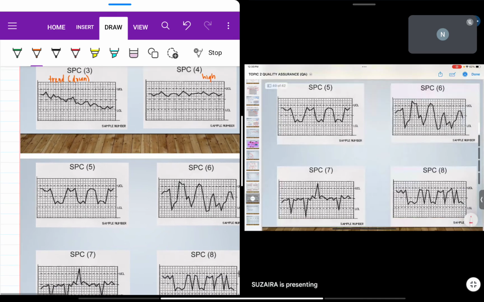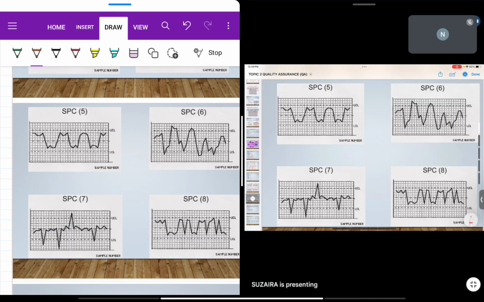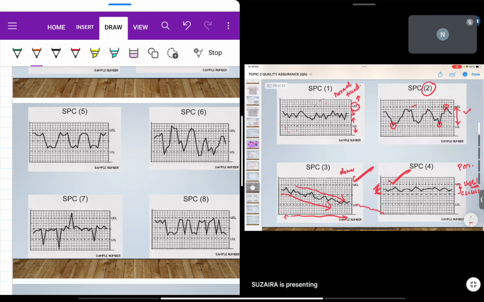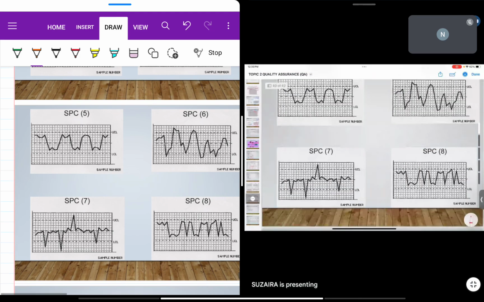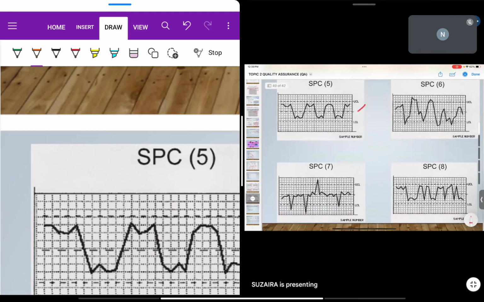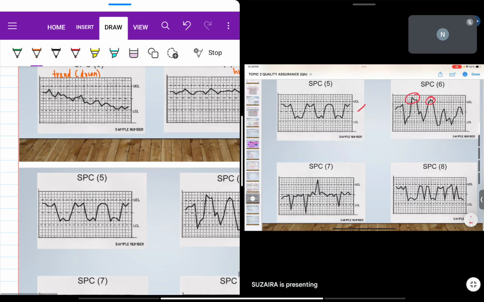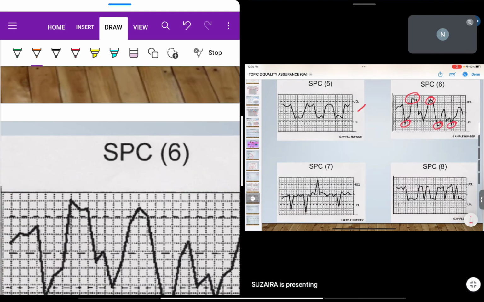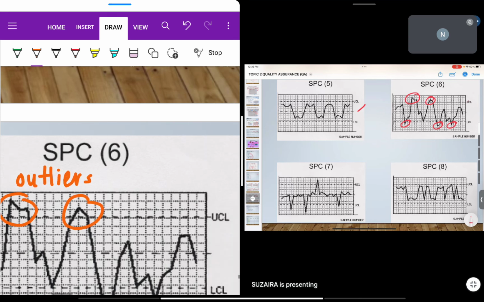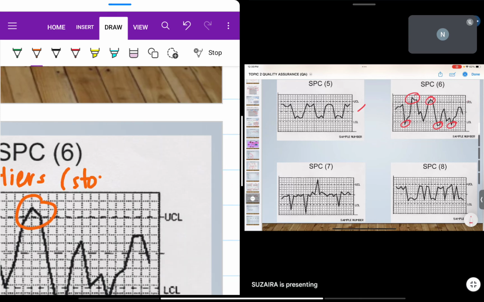And this one, okay, still similar. This is actually similar with this one just now, but this is more to a bit harsh. Okay, and here you produce lots of outliers, so you need to stop the productions, and then you need to maintain and calibrate back the machine.